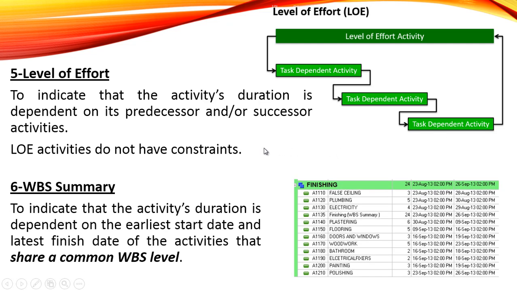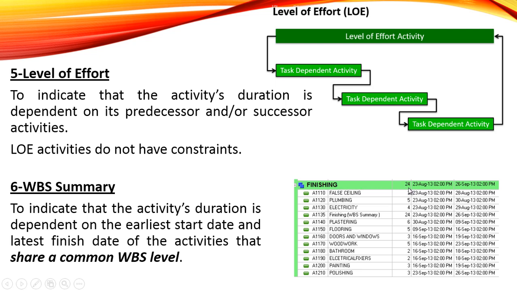WBS summary, to indicate that the activity duration is dependent on the earliest start date and the latest finish date of the activities that share a common WBS level. For example, here is a WBS showing the finishing. In the finishing there are many activities, for example, false ceiling, plumbing, electricity, etc. So here we can see that to perform the finishing in the WBS, 24 days are required.